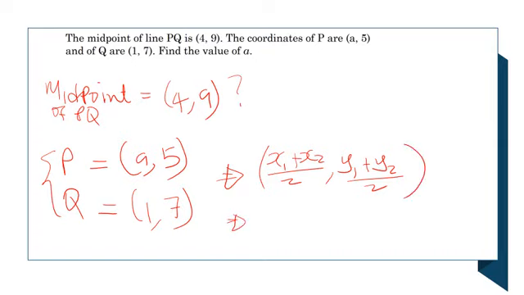You will see that x1 is a plus x2 is 1 over 2, y1 is 5 plus 7 over 2. In this case, they want us to find the value of a.